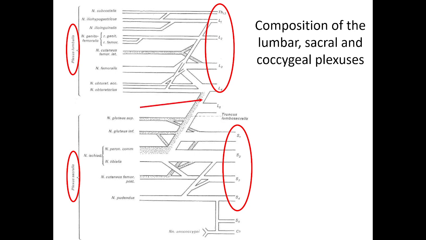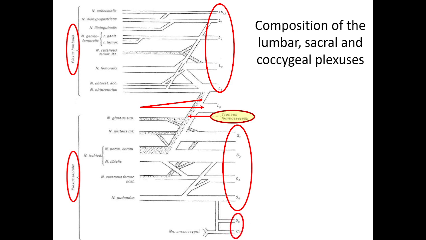And this arrow demonstrates that the lumbar plexus and sacral plexus are really fused. So it is truncus lumbosacralis which joins these two plexuses.